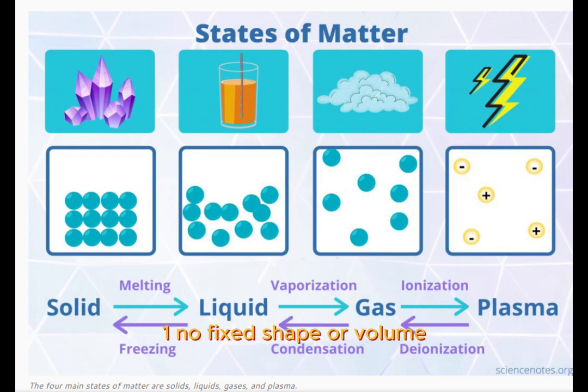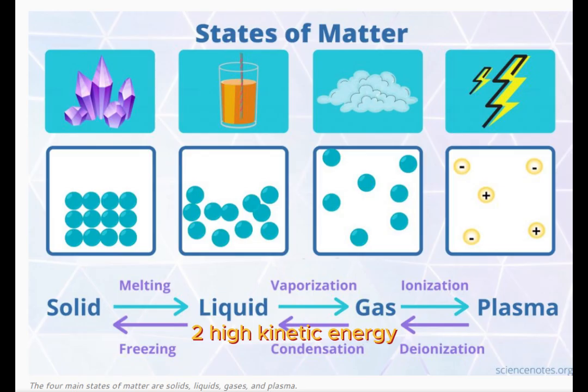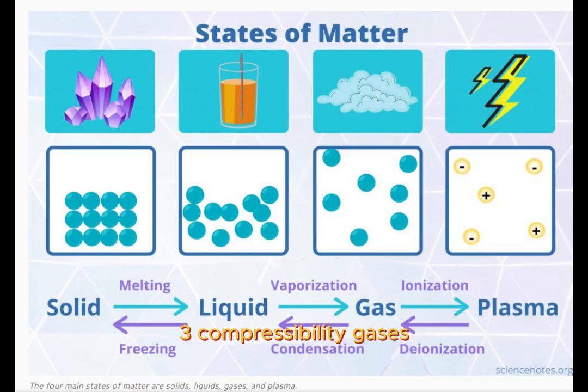1.1 Key characteristics of gases. 1. No fixed shape or volume. Gases take the shape and volume of their container. 2. High kinetic energy. Gas particles move rapidly and randomly in all directions. 3. Compressibility.